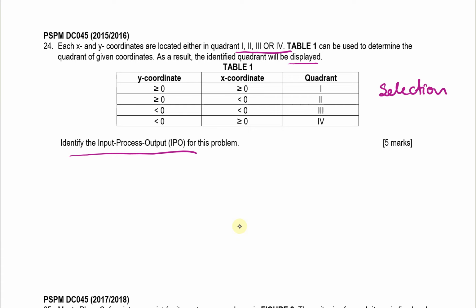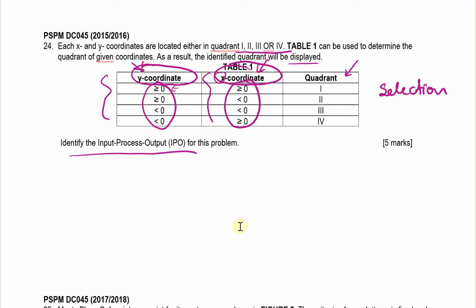Because actually you have two conditions here. What is the first condition? The y coordinate and x. Let's say if your y coordinate is greater than or equal to 0, and your x coordinate is greater than or equal to 0, then it will display quadrant 1. Actually here you have 4 possibilities with the two conditions. So the first condition is y and x, based on this figure.